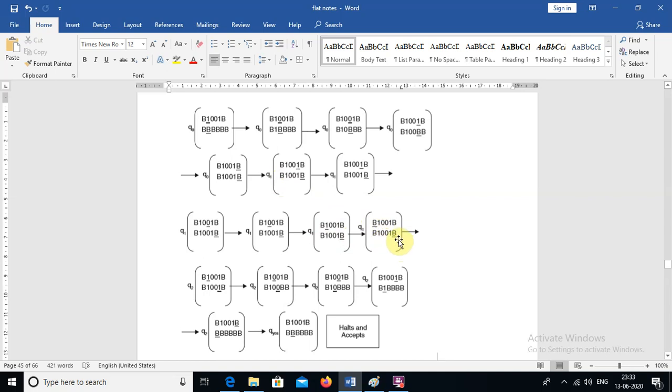Okay, now we can move the two tape heads in opposite directions. So here from b to 1 we reached, here also from b to 1.